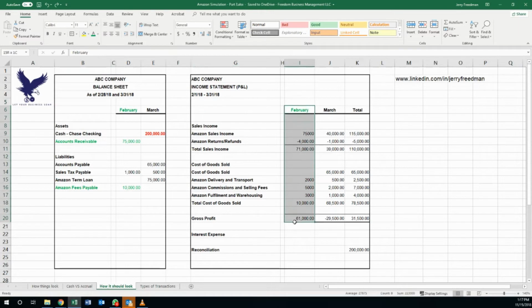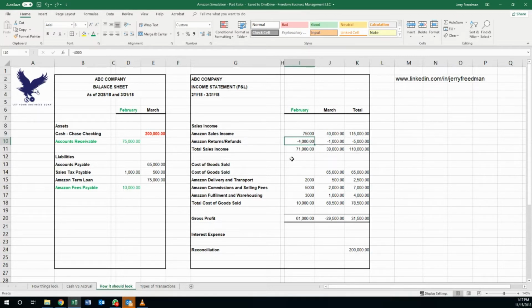So I added in a column for February. I also added in some new accounts here, which I will explain. So in reality, these $115,000 in sales and all these returns and refunds and Amazon fees are now broken out correctly over the month when the activity actually occurred.